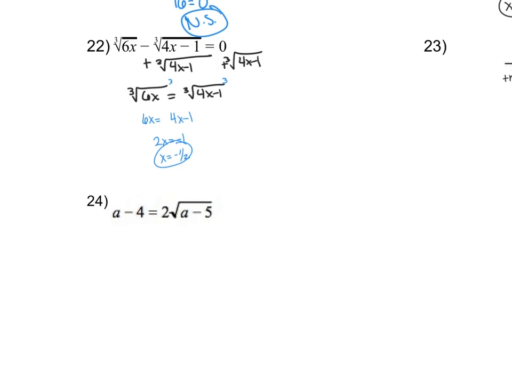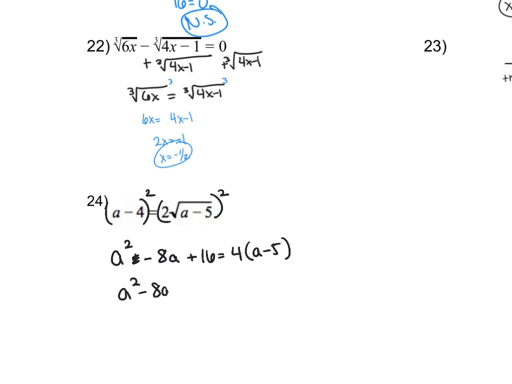All right, last one. So we're going to square both sides. This is going to be a squared minus 8a plus 16 equals 4 times a minus 5. We're going to distribute, so a squared minus 8a plus 16 equals 4a minus 20.